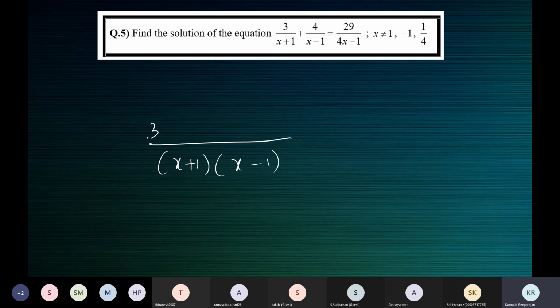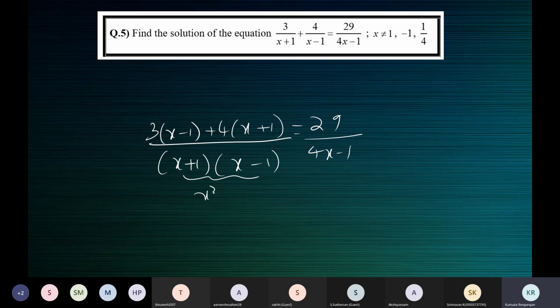Then we just have to multiply 3 into x minus 1 plus 4 into x plus 1 is equal to 29 divided by x square minus 1. Cross multiply, and on doing that, you get a quadratic equation.